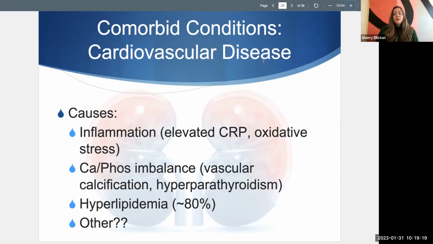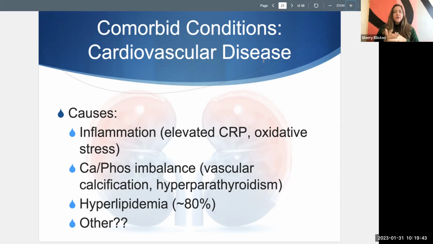Okay. So cardiovascular disease is really difficult to manage for a lot of patients, and that's why I talked about the lifespan of an individual with renal disease. A lot of it depends on the other comorbid conditions that are occurring.